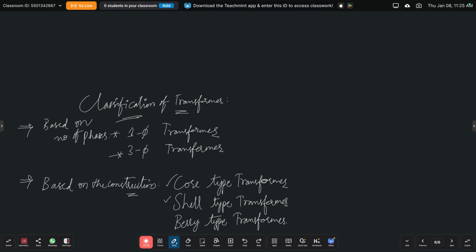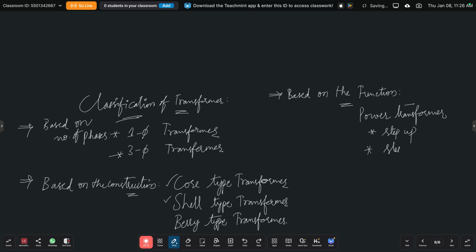Based on the function, we are going to represent as the power transformer, that is a step up transformer or step down transformer, so we call it as a power transformer.